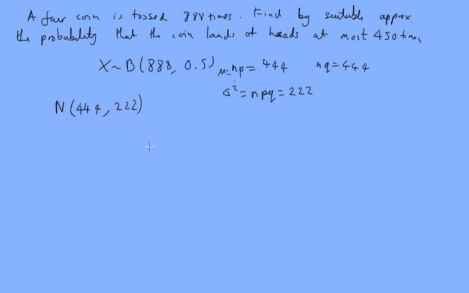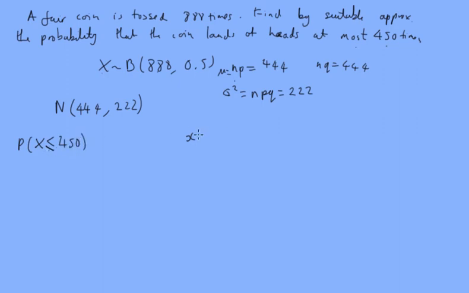Now let's think about our value of x. We were looking at the probability that x is less than or equal to 450, because it has to be at most 450 times. So 450 is included.